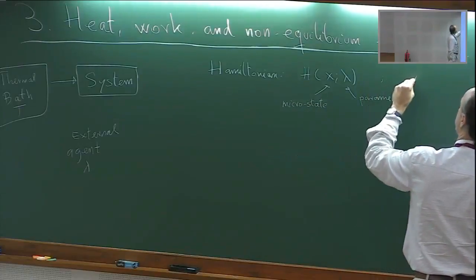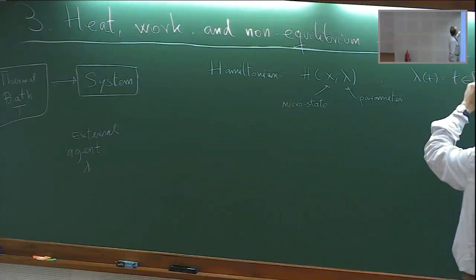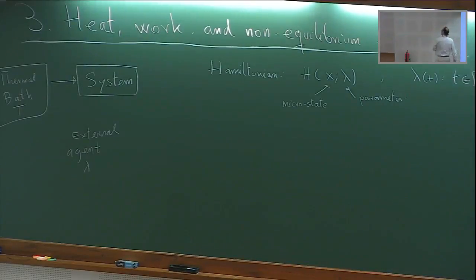My external agent is going to change lambda along a process which has a duration from 0 to tau. So this is the setup, and it includes many thermodynamic processes like cycles and things like that.